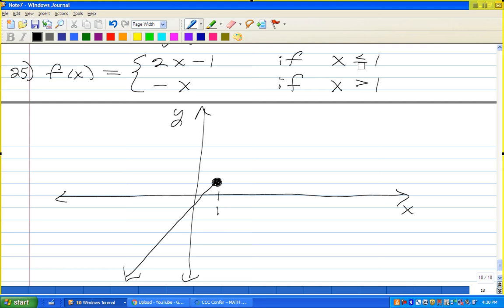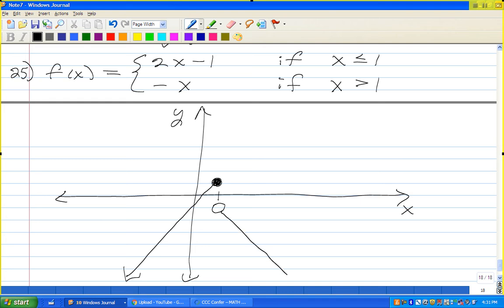I include the value when x is 1 because that says less than or equal to 1. Now, if x is greater than 1, then it looks like the graph of negative x. So at 1, it's negative 1.